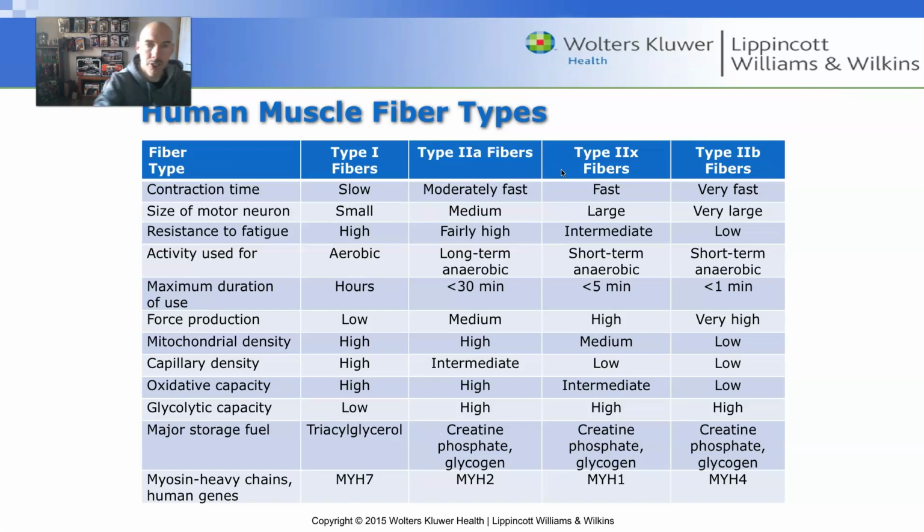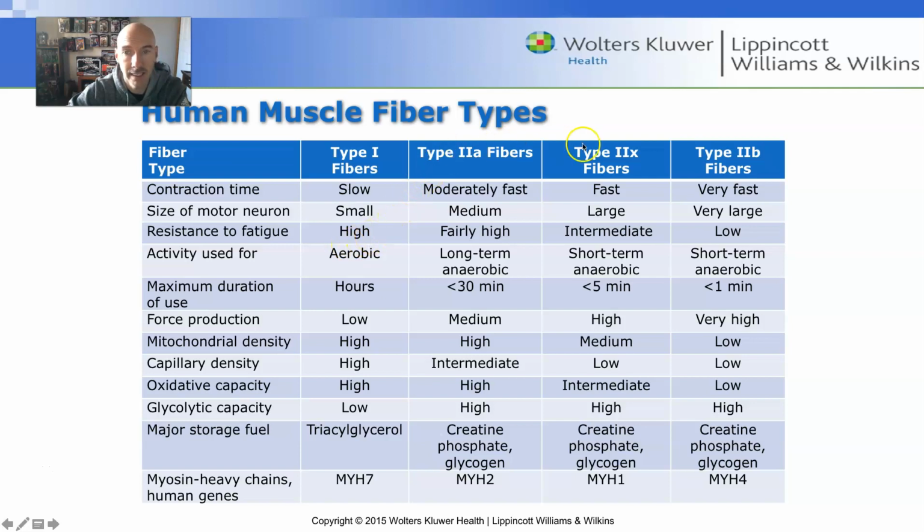If we notice this chart, we're going to contrast type 1 and type 2X, because these are the most glaring opposites. Contraction time for type 1 is slow. Contraction time for type 2X is fast. Size of motor neuron: type 1 small, type 2X large. Resistance to fatigue is high in type 1 because it uses the aerobic energy system.